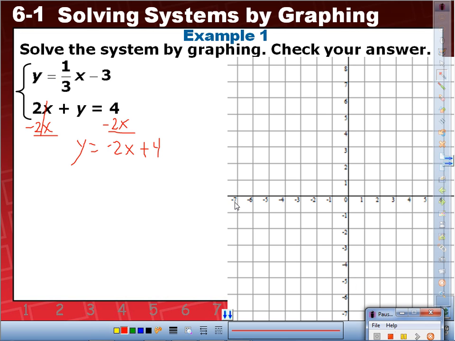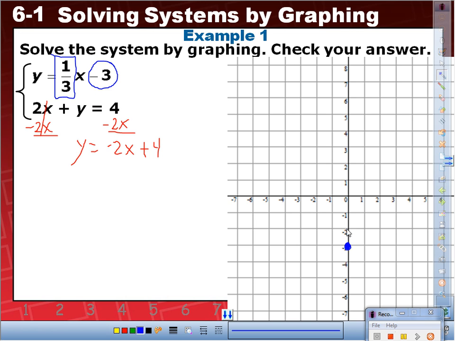Let me continue. Step 1, solve for y. We did that. Step 2 says graph your equations. I'm going to graph the first one using blue. I need my y-intercept, which is negative 3. Where's that at? It's right there. Then I use the slope: go up 1 and to the right 3.